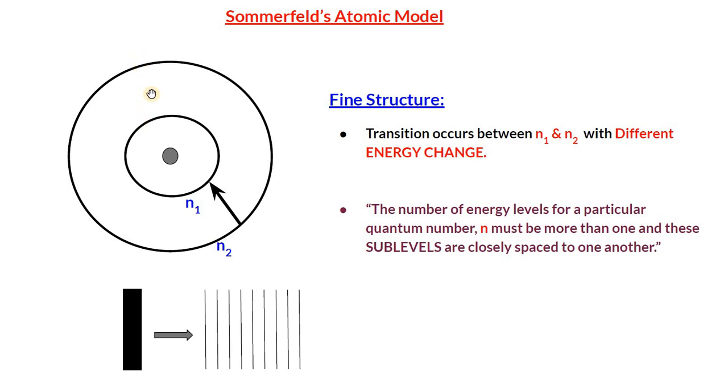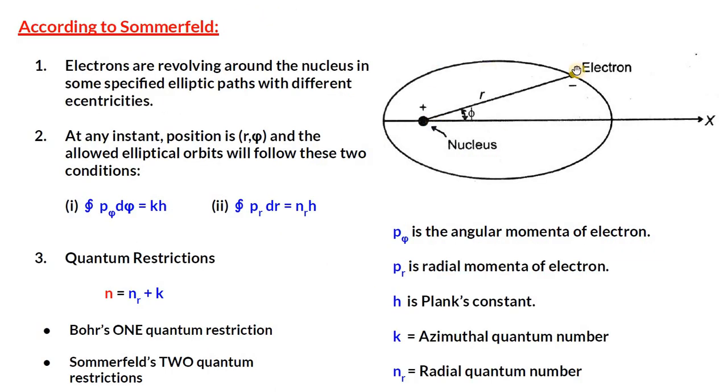But in the case of the Sommerfeld atomic model, as this is an ellipse, you will have the distance, that is r, and this angle phi. So these two variables are important in the Sommerfeld atomic model. At any instant the position is r comma phi.